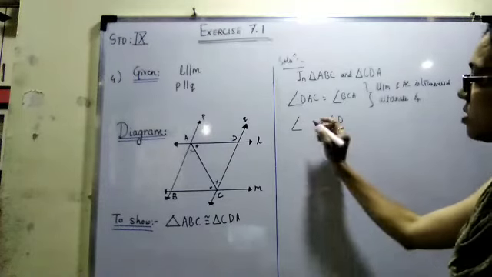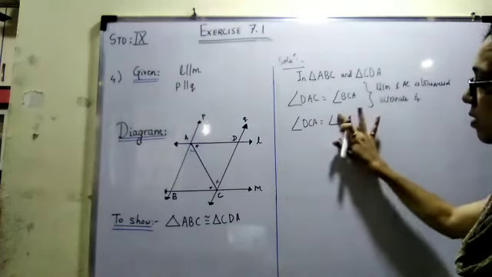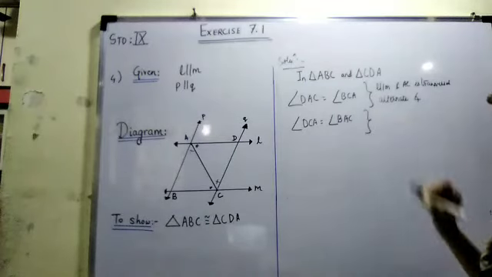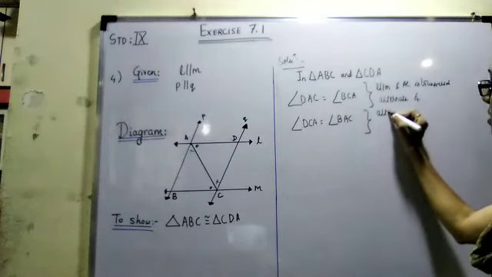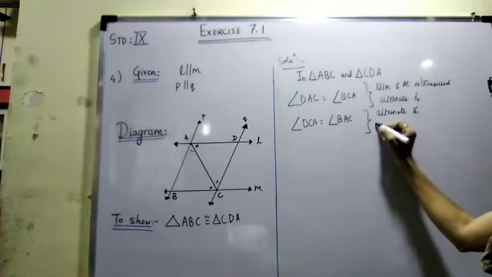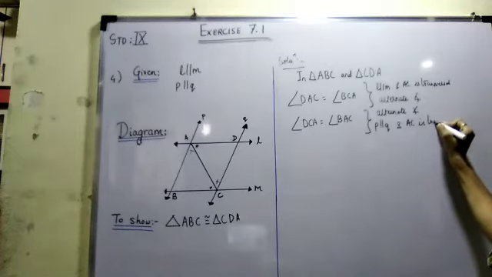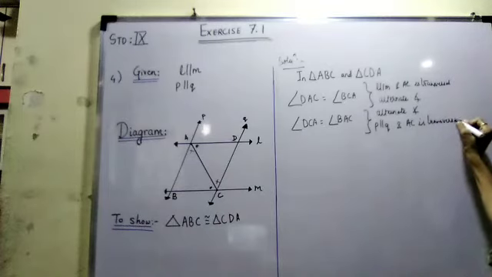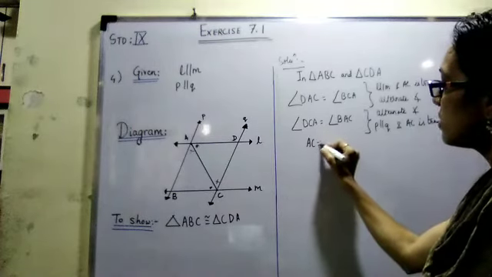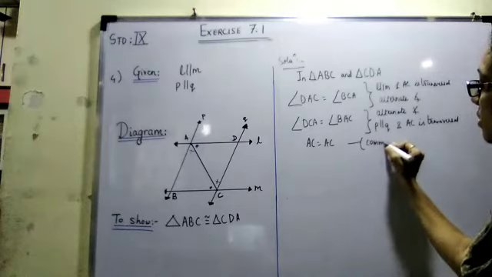I will write down first DCA and then I will write down BAC. Reason is same, alternate angles. And how are they formed? They are formed as P is parallel to Q and AC is a transversal. Also, AC is congruent to AC. This is the common side.